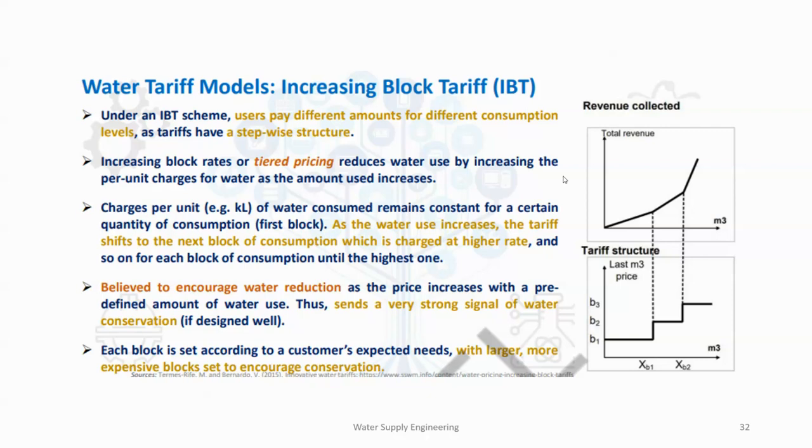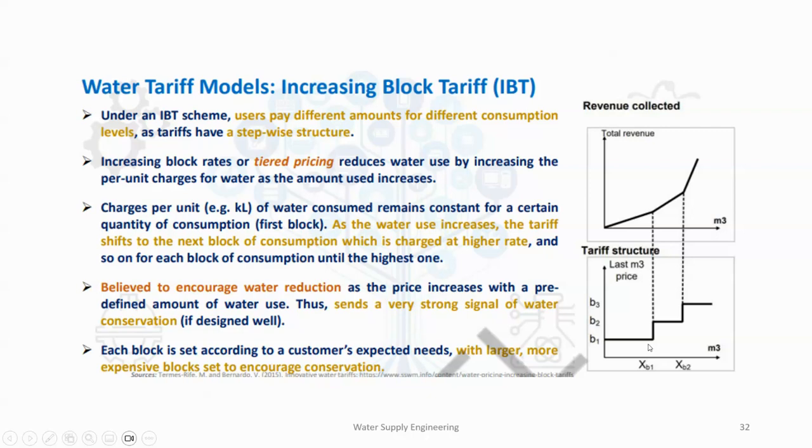So here the unit price will be charged depending upon the level of consumption. For different levels of consumption, they will have a stepwise structure as shown in the graph aside. So it's like tiered pricing, stepwise pricing. For each step or tier, the pricing will be different.